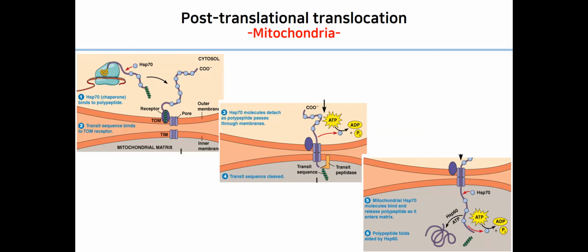Then the chaperones deliver proteins to the mitochondrial channel named TOM first. It is an acronym of translocon of the outer membrane. And TIM is the translocon of the inner membrane.